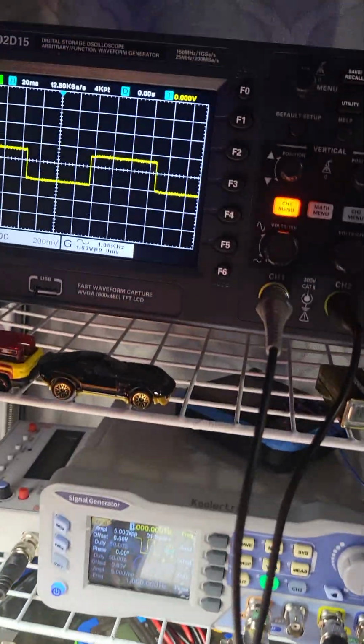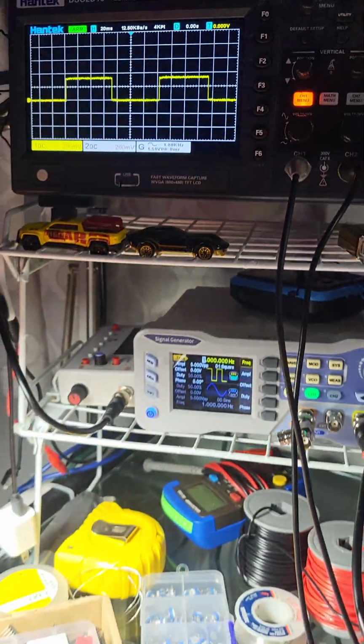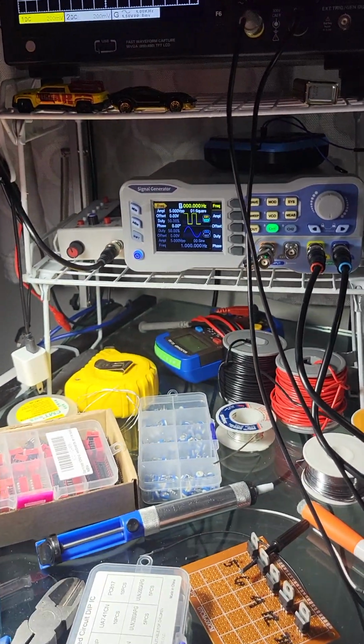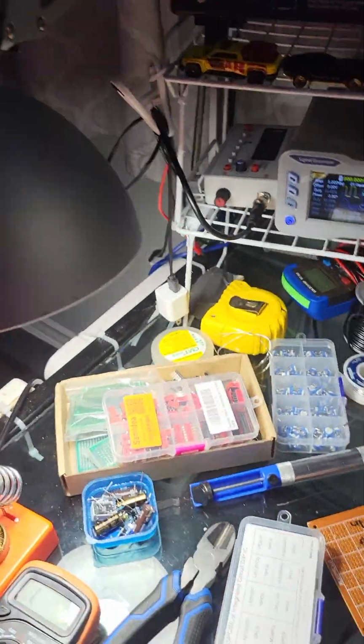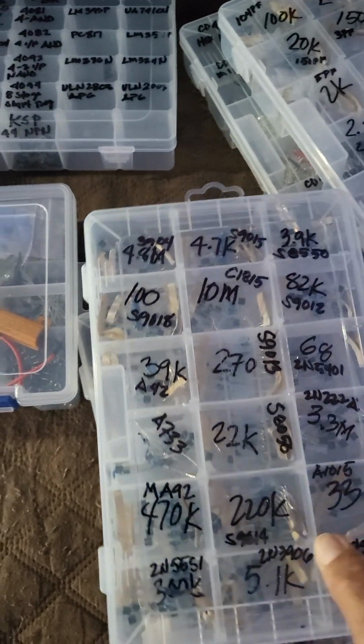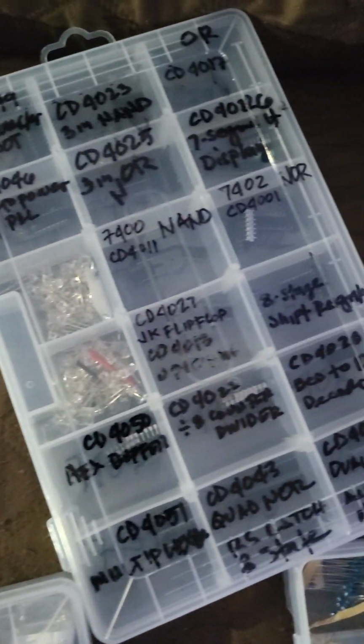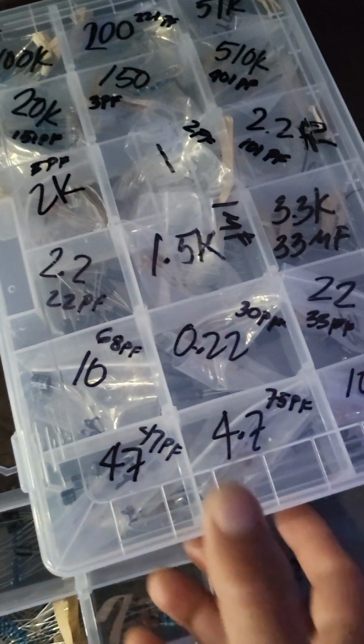Okay, so that's all for now, guys. Next time we'll have lots of ICs to introduce to you. I have lots of ICs here, lots of components, so I will show you every component one by one. These are lots.